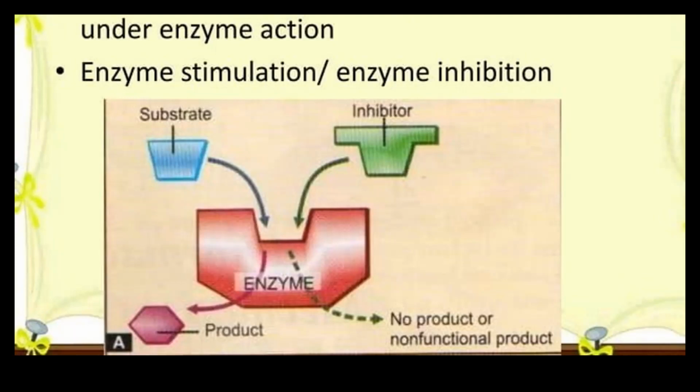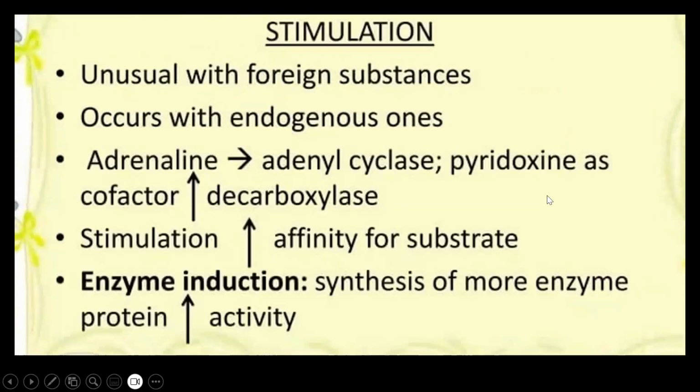Apparently, an increase in enzymatic activity can also occur by enzyme induction. On this slide, stimulation is unusual with foreign substances but occurs with endogenous ones, and I have also discussed adrenaline and its stimulatory effect.